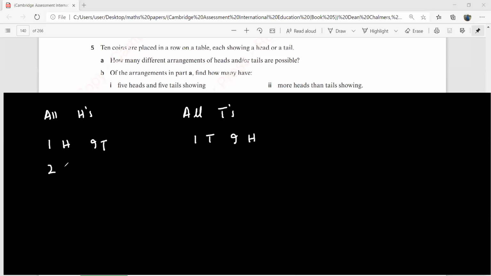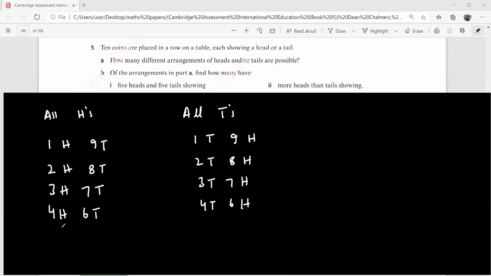You can have 2 heads, 8 tails. है ना? यही हो सकता है ना? 2 tails and 8 heads. You can have 3H, 7T. You can have 3T, 7H. You can have 4H, 6T. 4T, 6H. You can have 5 heads, 5 tails. Okay?